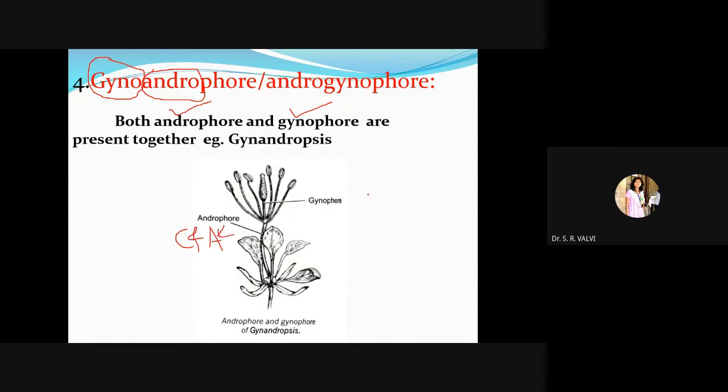Gynophore is the internode present between androecium and gynoecium, that is your gynophore. So if the androphore and gynophore are present together in a flower, the term is called gynoandrophore, or it is also called androgynophore. Okay, both are similar, right?